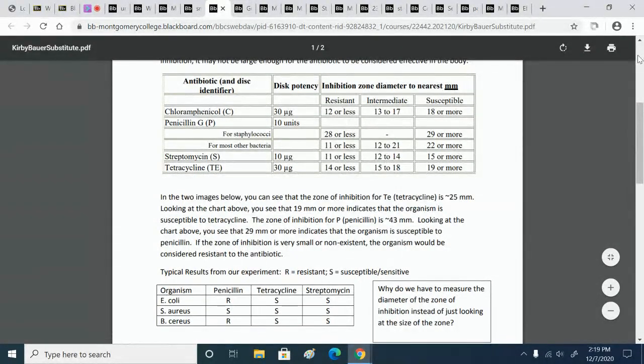It has ways of detoxifying and excreting antibiotics, but the plate can't do that. Right, so because your body will excrete the antibiotic and detoxify it with the liver, we have to make sure the zone of inhibition is sufficiently large enough on the agar plate to be considered effective in the body.